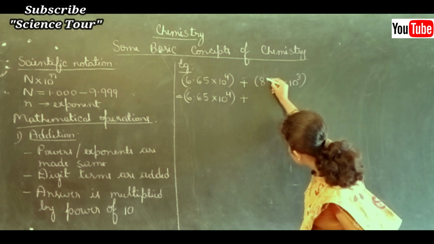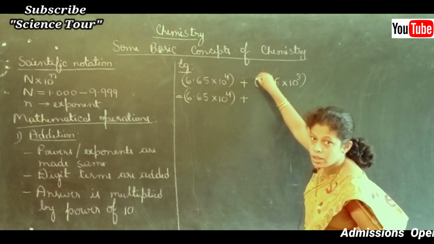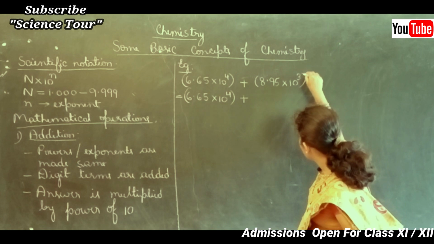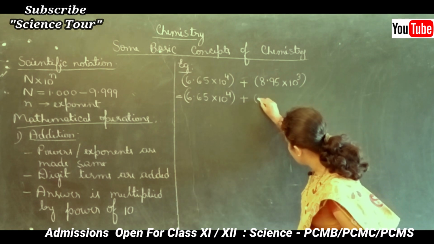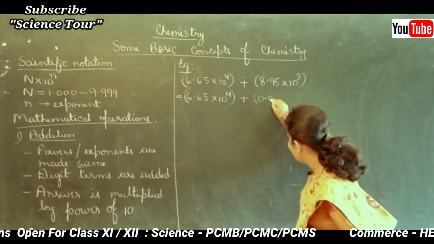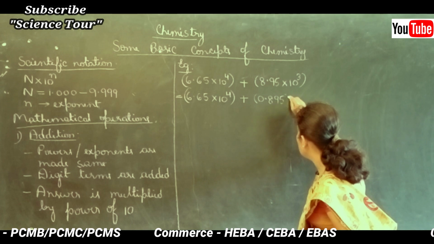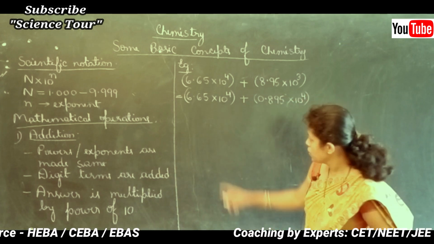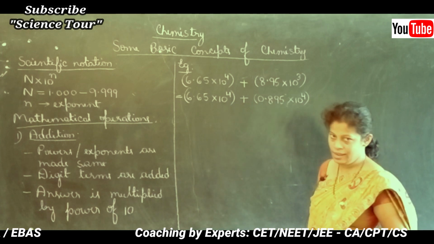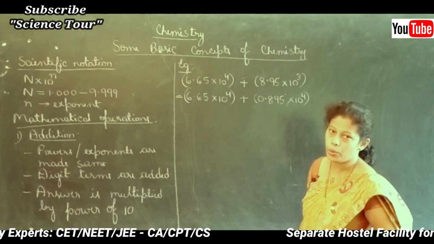I am shifting this decimal point 1 digit to the left, means power of 10 is increased by 1. So the number will be 0.895 into 10 to the power 4. Now look at both the terms. Powers are made same. In both the terms you have 10 to the power 4.